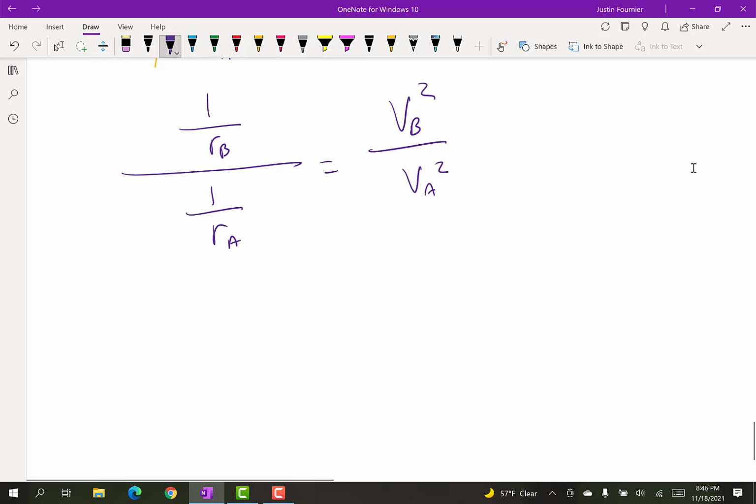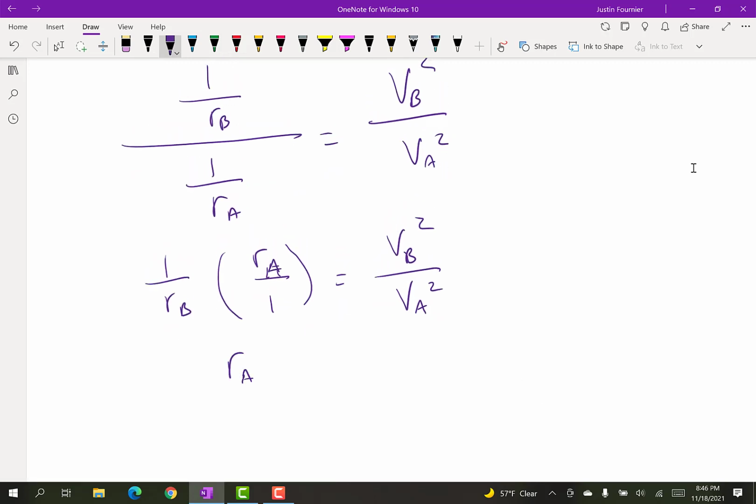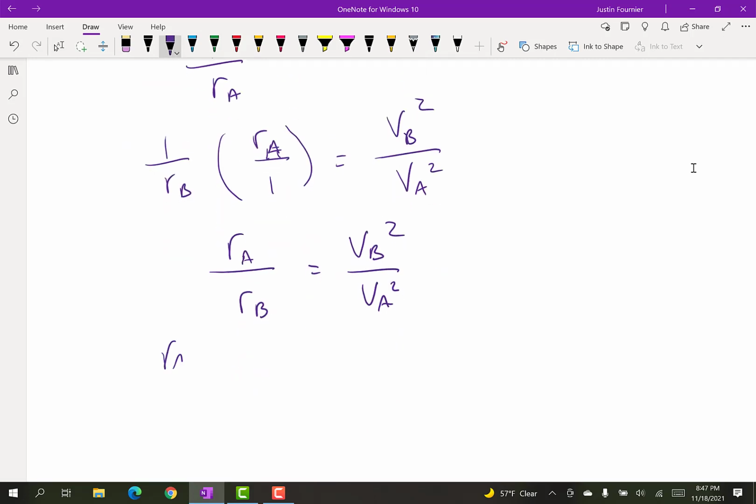So it's going to be 1 over rB multiplied by rA over 1, equals vB squared over vA squared. So basically I got rA over rB equals vB squared over vA squared. Multiply both sides by vA squared, and I get rA over rB times vA squared equals vB squared.